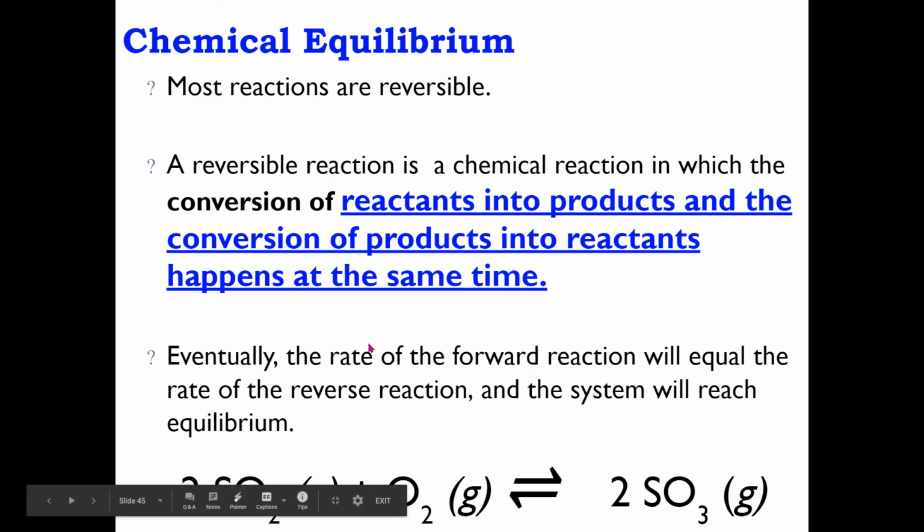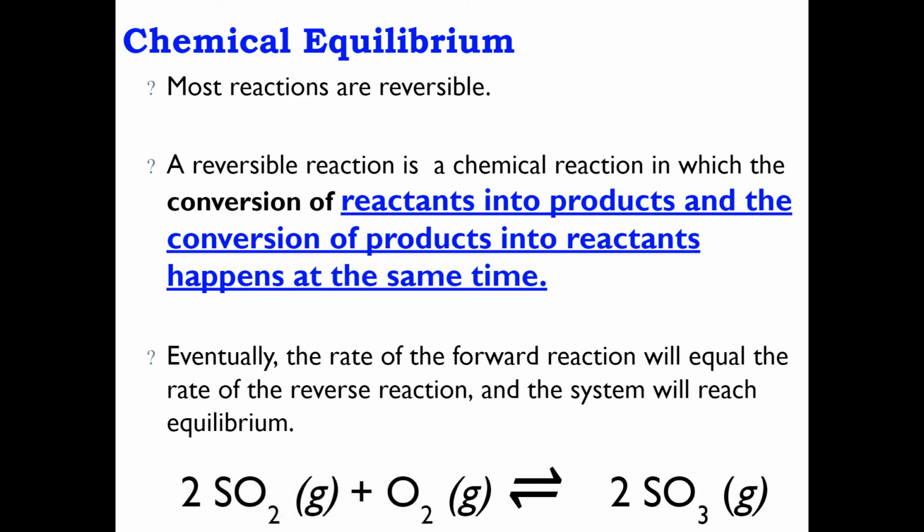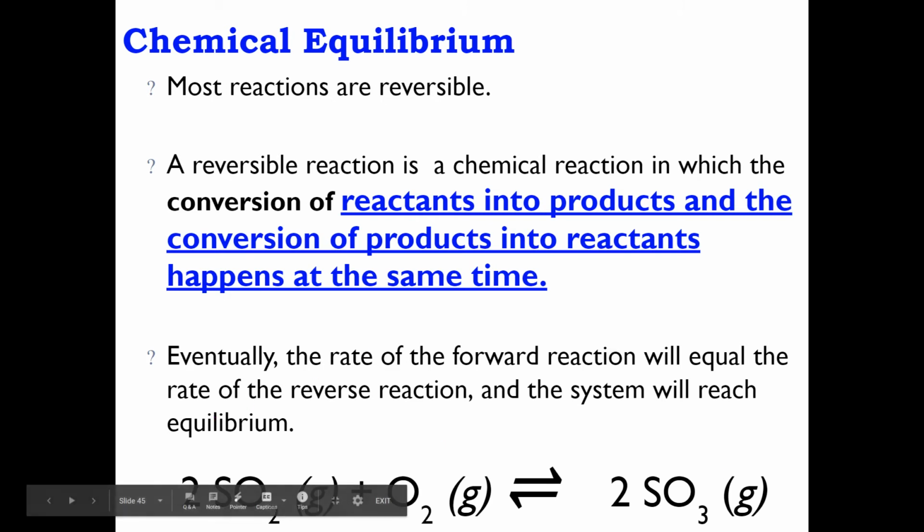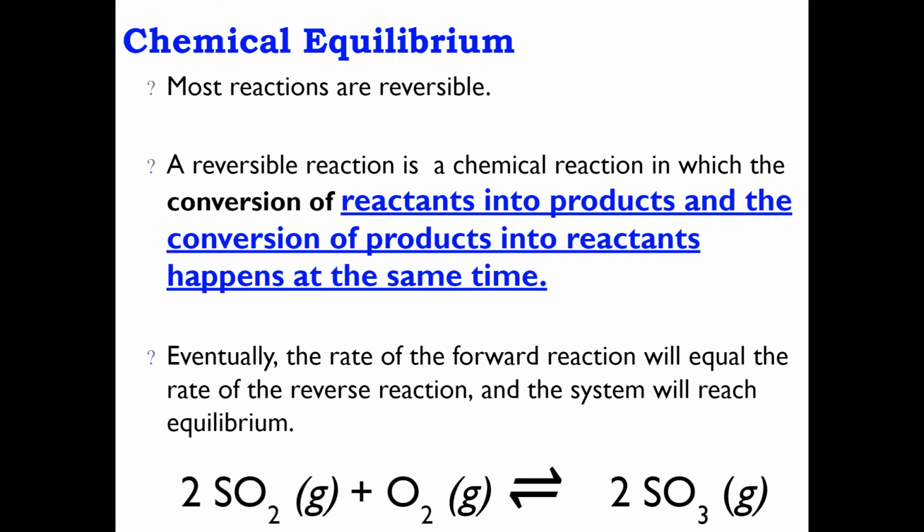Now, that being said, eventually the rate of the forward reaction will equal the rate of the reverse reaction of the system, and they will reach equilibrium. That means, as our example of the iodide clock, after a while of it going back and forth, back and forth, back and forth, it'll stop in one stage. Now, it usually stops in the reactive phase where they're combined, forming that black liquid that you saw there.